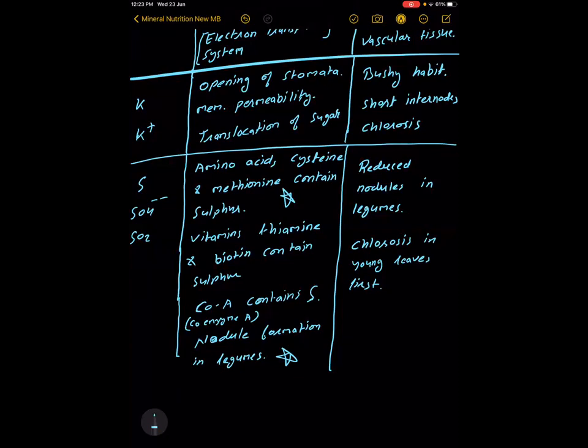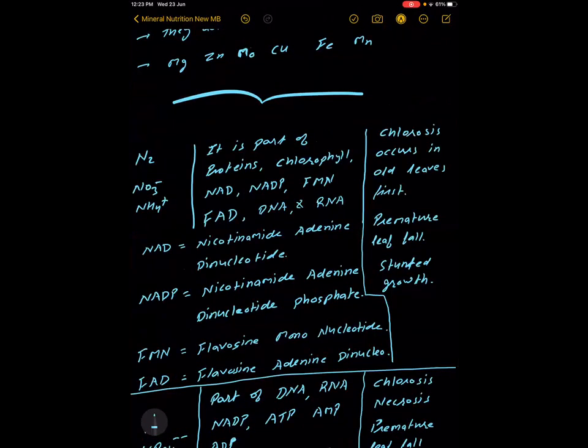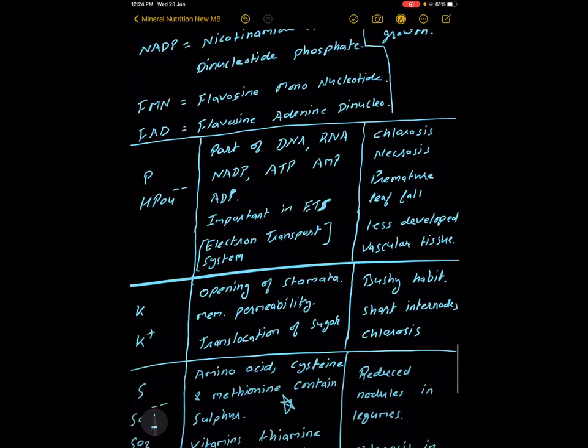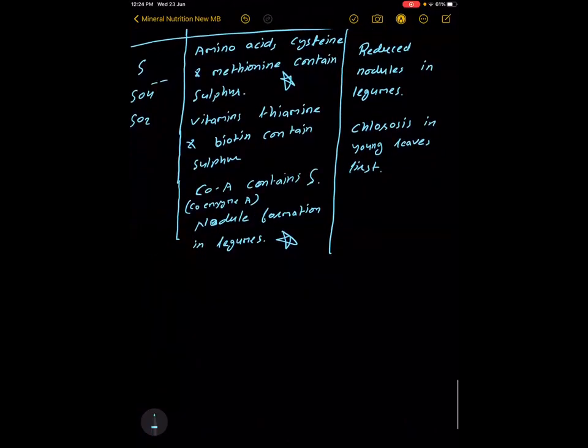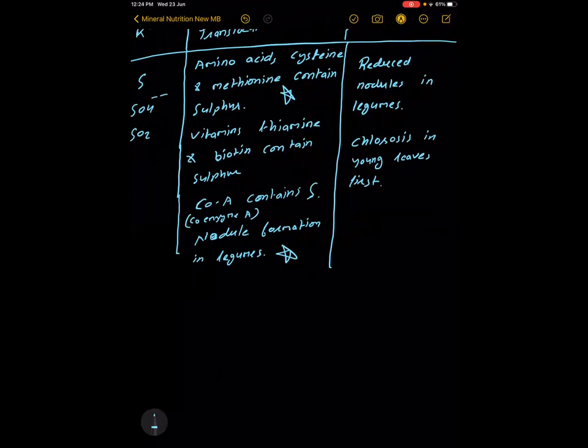Nitrogen is movable, so chlorosis occurs in old leaves first. Clear? But sulfur and calcium are not movable, so their deficiency starts directly from the young leaves. So these are two points: nodule formation is decreased, and chlorosis starts in young leaves.